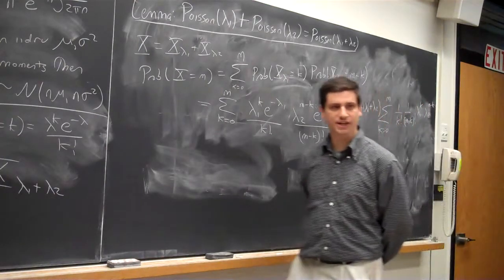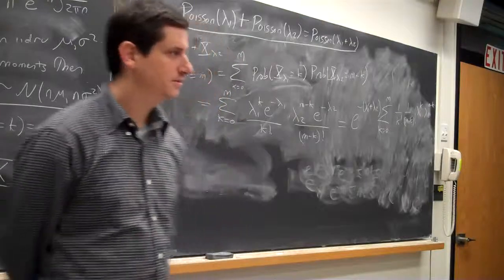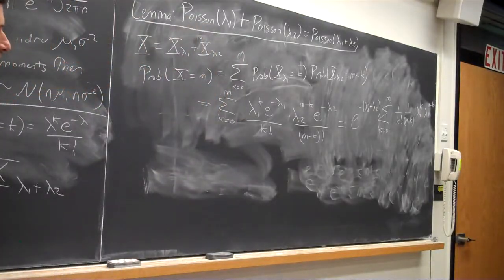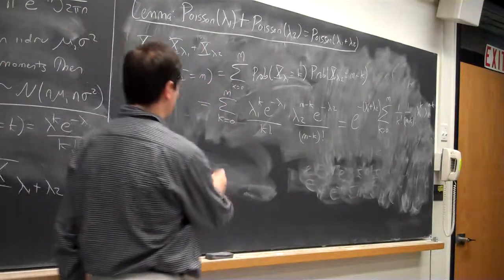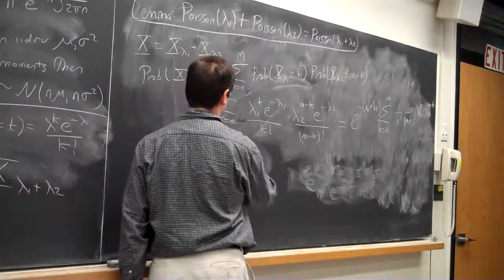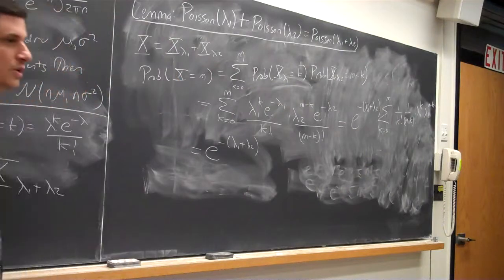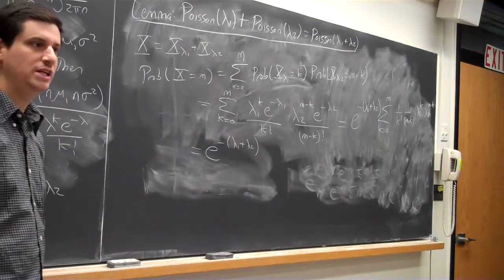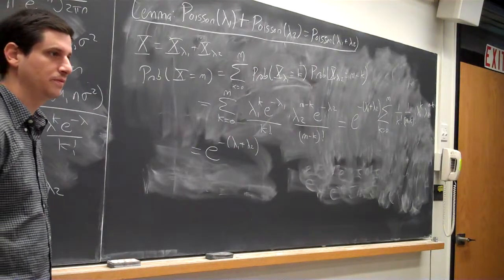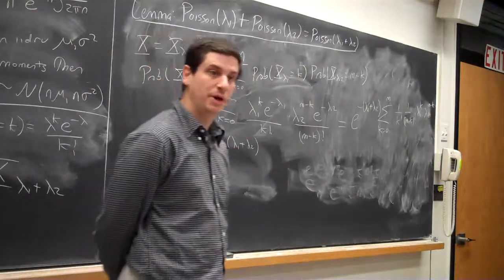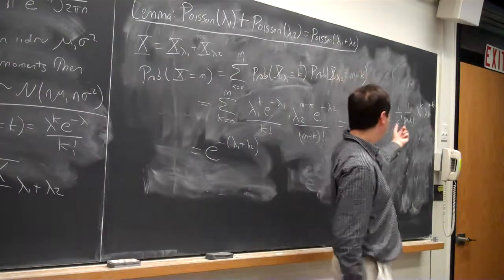What is that looking a lot like? That should remind you of something. When you see the denominator k factorial m minus k factorial, what's that looking like? Binomial coefficient. What's it missing to make it a binomial coefficient?